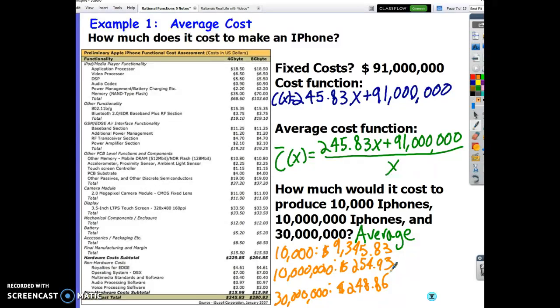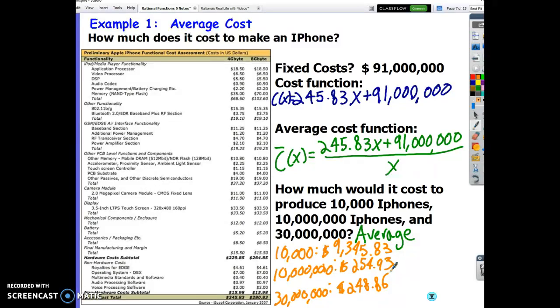You should have talked to your neighbor by now, and this is what I want you to notice. They need to price it somewhere based on how many they think they're going to sell while still being able to make a profit. If they only sell 10,000 iPhones, they would need to charge more than $9,345.83 for each. So they need to guess how many they're going to sell.